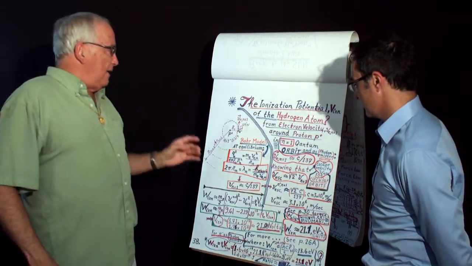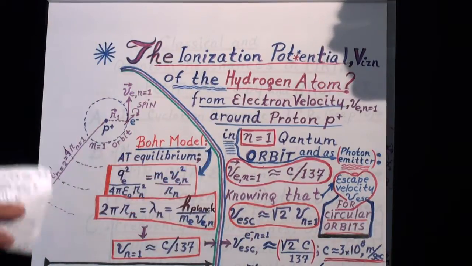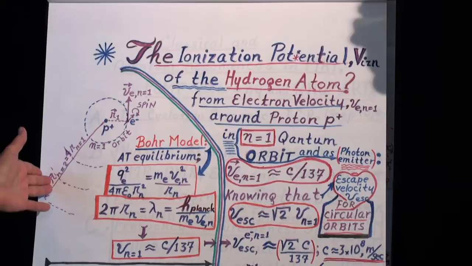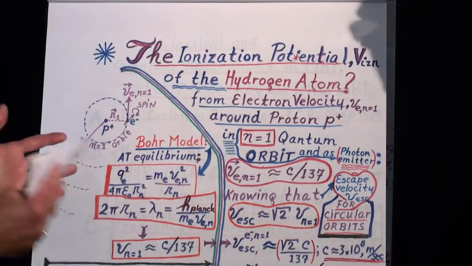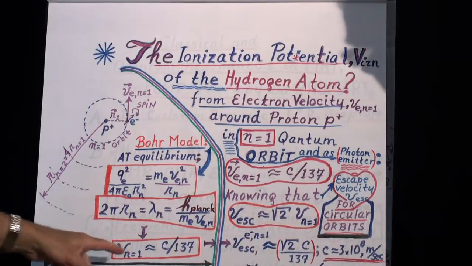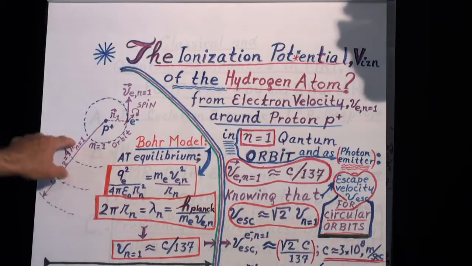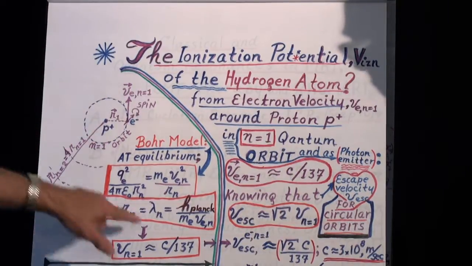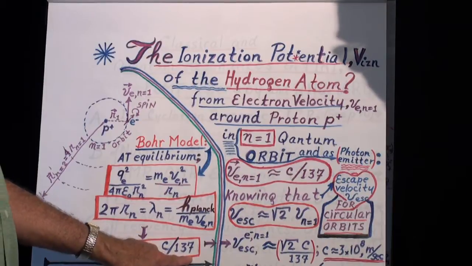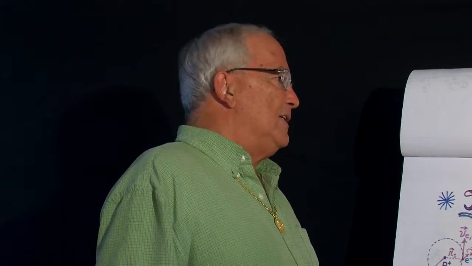Okay, and so just applying these Newton laws of mechanics to an atom, and just see if we are in the same type of range. So I just asked myself, well, we know the velocity of the electron on the first orbit of the atom. It's about 1/137th the speed of light. It's real fast.